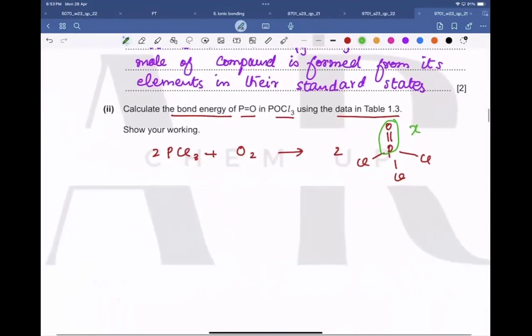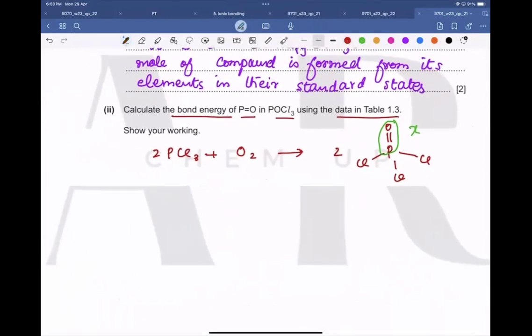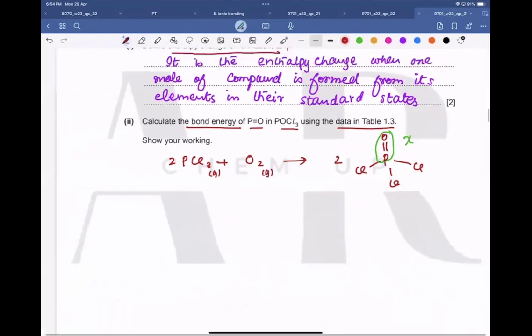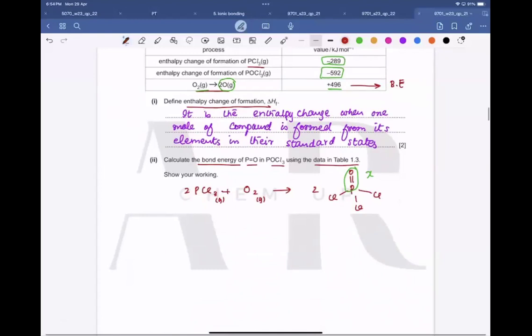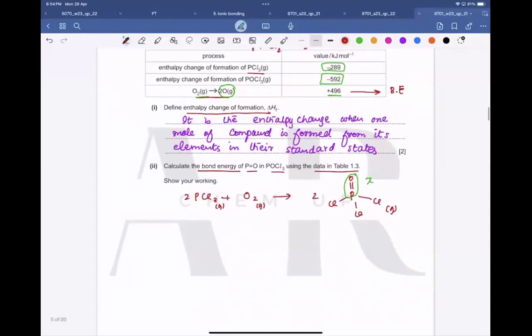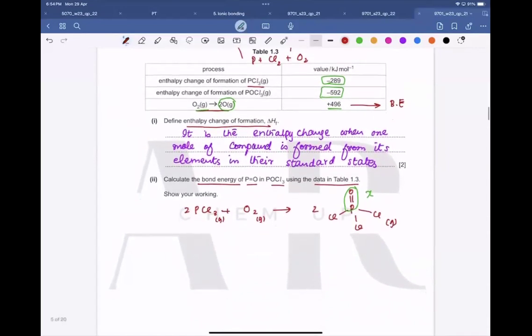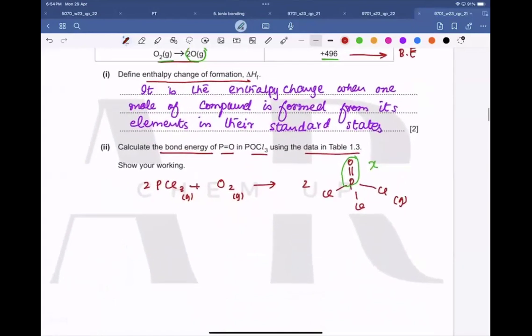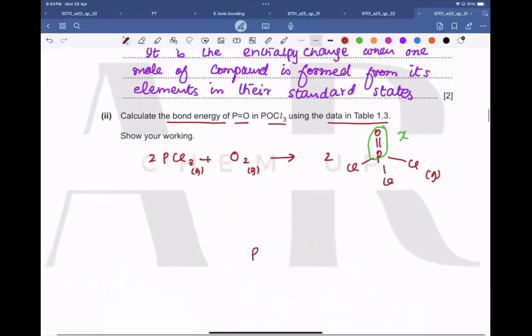It's also a gas. Phosphorus, chlorine, and oxygen.